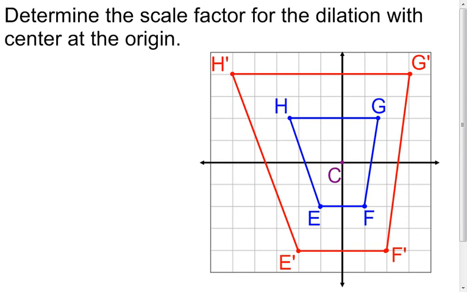Now we already know the answer is 2, but I'm going to show you how we can come up with that in a case where we don't know it. I'm going to go to my point E, which I know is at (-1, -2). And I have point E prime, which is at (-2, -4).